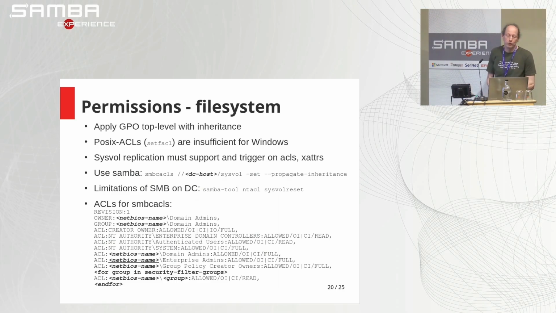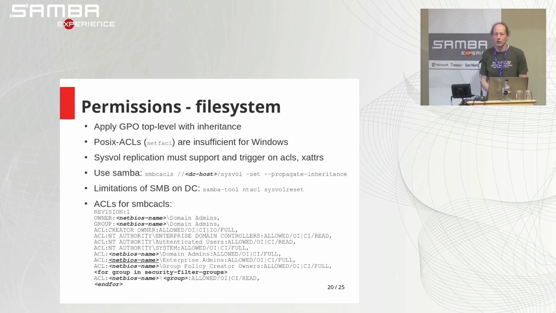So how do we do this on the file system? The easiest way is to apply it at the level of the top level UUID directory. First I tried to use POSIX ACLs with setfacl, but it's impossible to set that exactly as Windows likes it.